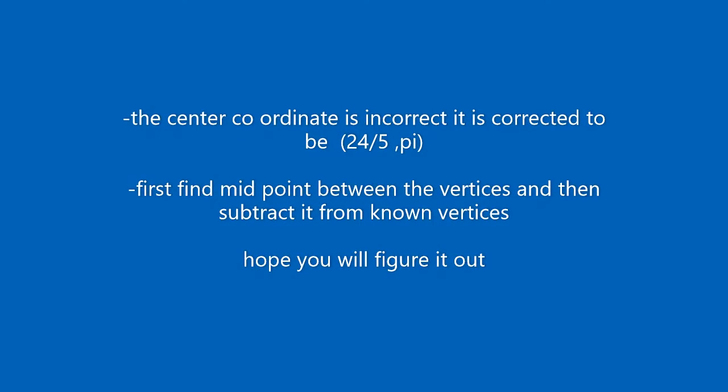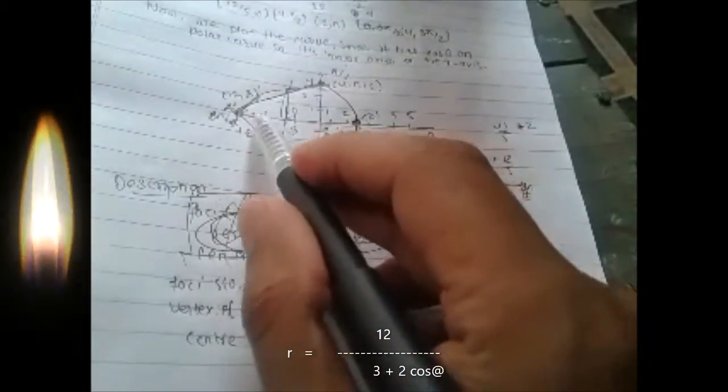Vertex A is equal to this, and vertex B is 12 by 5, comma. The foci will lie here on this side.